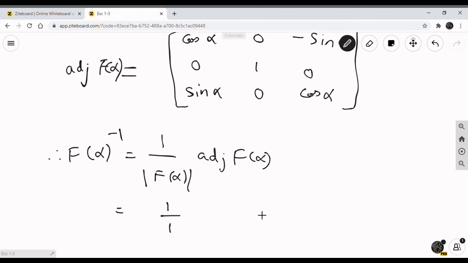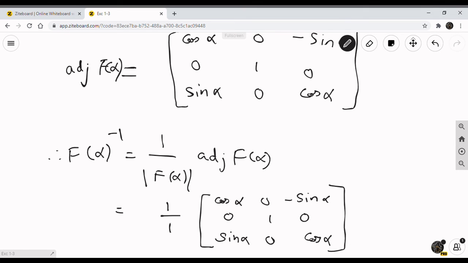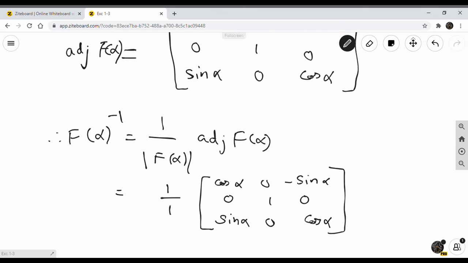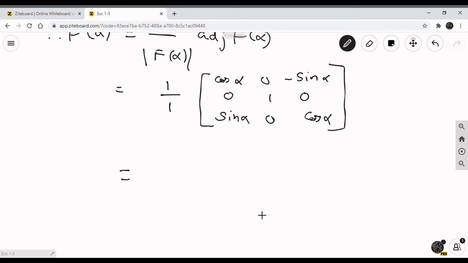If you mention the formulas, definitely you will get marks for the formulas in the correct places wherever you require. Now the adjoint, we have found out the adjoint. We'll write here f alpha inverse.